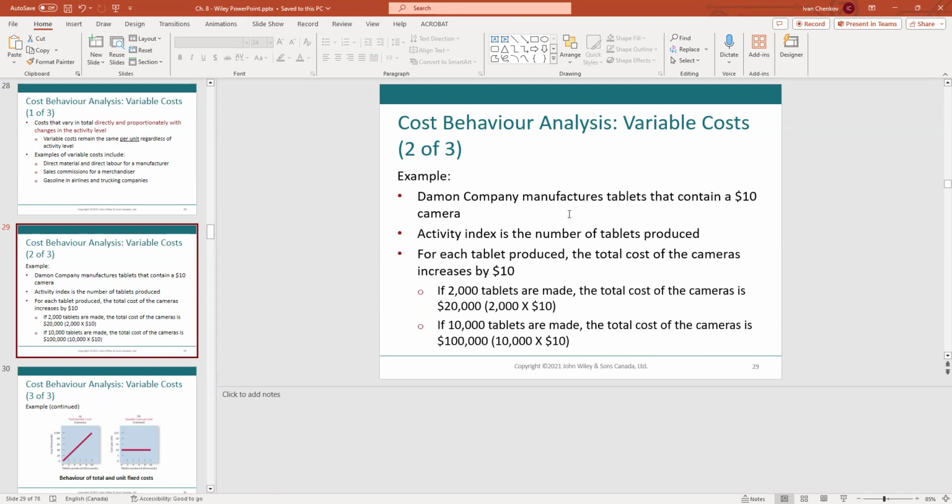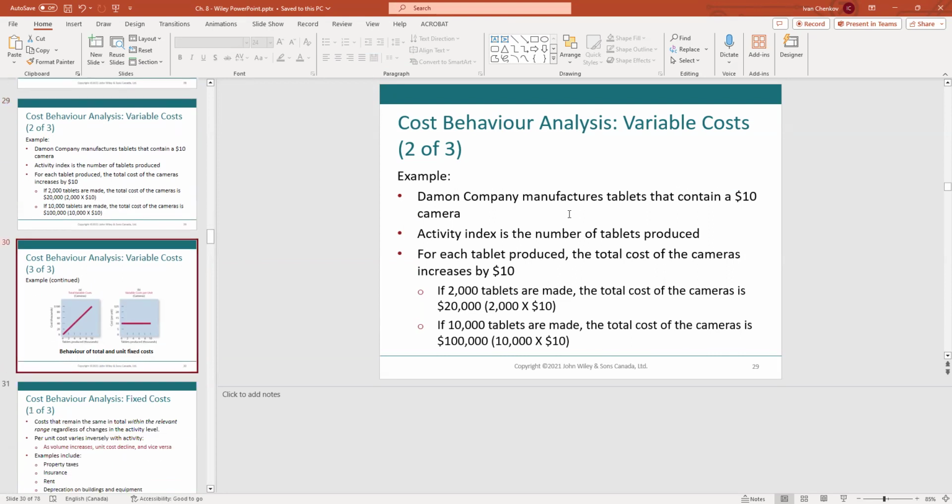So if I produce 2,000 tables, how much will be my cost for the cameras? Obviously, 20,000. If I produce 10,000 tables, the cost for the cameras is going to be 100,000. Why? Because I have to install 10,000 cameras on the 10,000 tables. If I produce only one table, how much will be the cost for the cameras? $10. If I'm not producing tables, I don't have to pay.